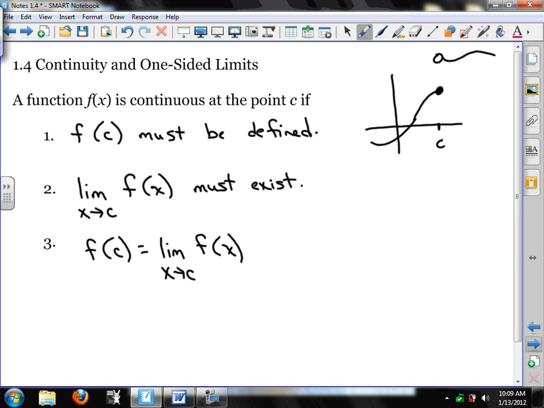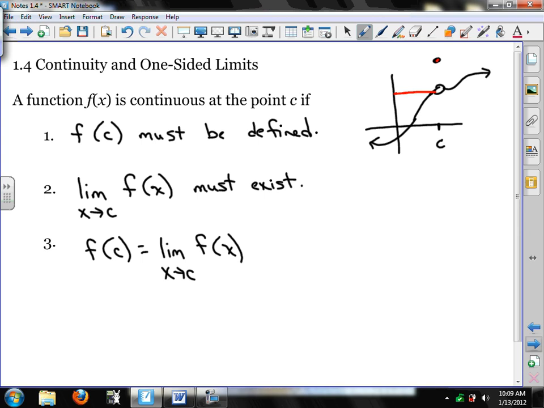If we look at this graph right here, f of c is defined. I do have a y value right there. The limit does exist. As I get close to x equals c, I do have a y value, so the limit exists.